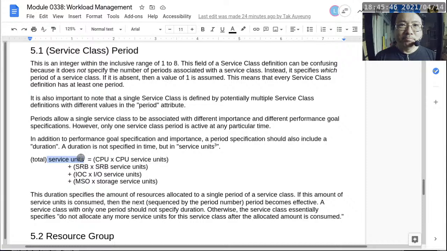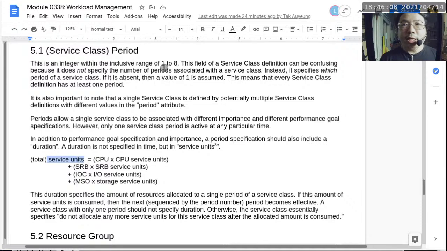It's a little confusing. I agree. It is confusing because it says here in the first sentence, it's an integer within the inclusive range of 1 to 8. And then how do you come up with 1 to 8 when you have all these units that you need to add? Oh, okay.